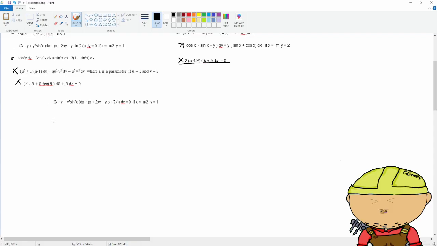Let's continue, right? So (3 plus y plus y squared sine 2x)... Oh, it's not 2x, that's sine squared x, right? So we're gonna be having our trigonometric function. Let's see if we're gonna be using a trigonometric identity. As I'm seeing, I'm guessing this will be an exact equation.